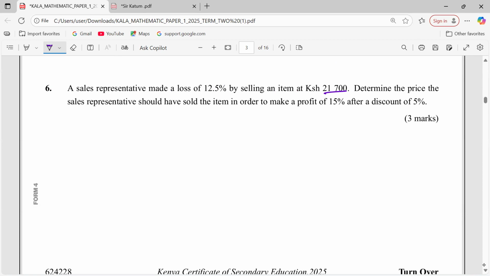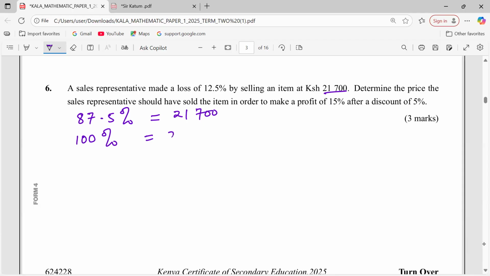After selling this, there was a loss of 12.5, meaning that when we subtract 12.5 from 100, we get 87.5, and that's a percentage. This is equal to 21,700. What about 100%, the amount this item had been bought for?